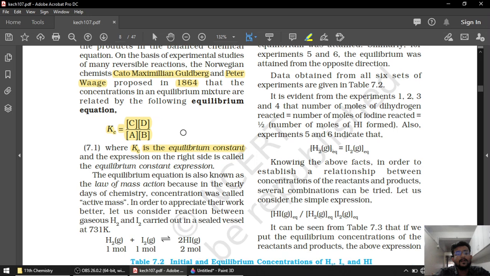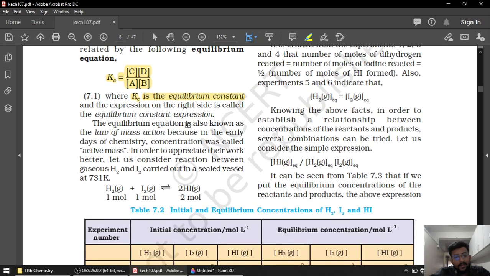The equilibrium equation is also known as the law of mass action, because in the early days of chemistry, concentration was known as active mass. It was another name for concentration, active mass.